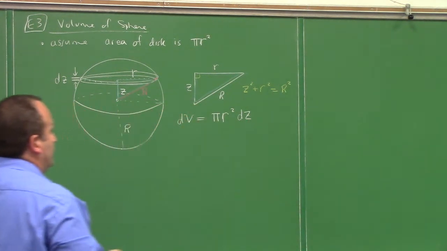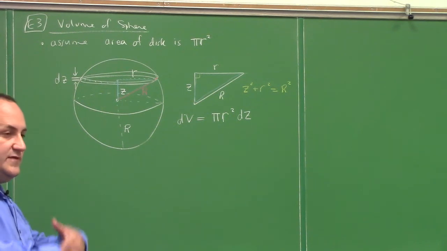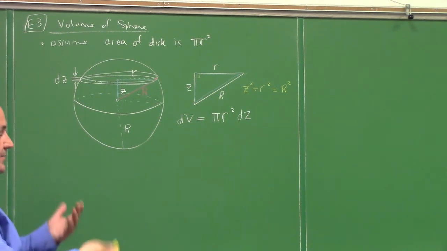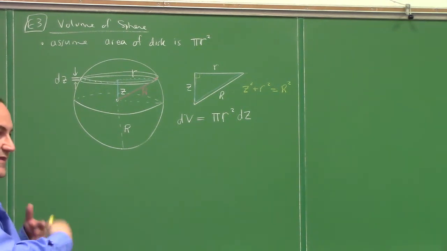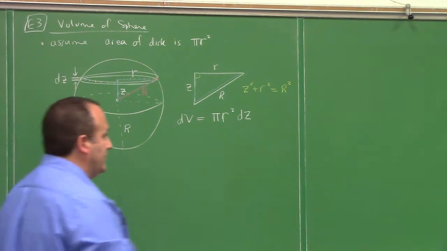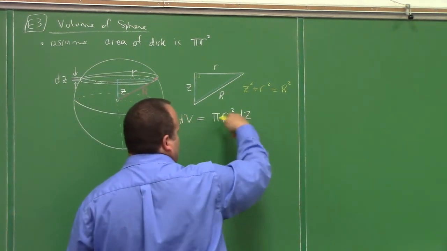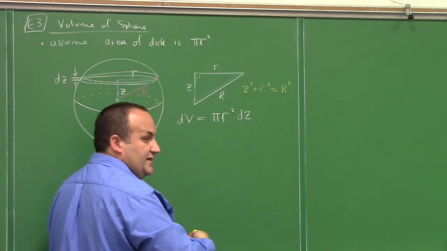Now here's the rule. To actually use the infinitesimal method to add up the dV's to find the net volume, we have to express everything in terms of the integration variable. Here the integration variable is going to be z. So I need to take care of this r squared. I need to make it a function of z.